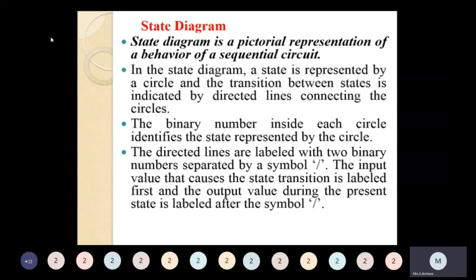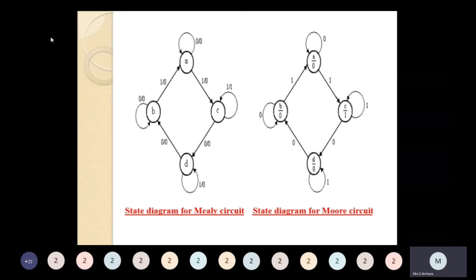The directed lines are labeled with two binary numbers, one the input and another the output. The first one will be the input and the output value will be the next one, separated by a bar symbol. So this is an example for a Mealy circuit and a Moore circuit.